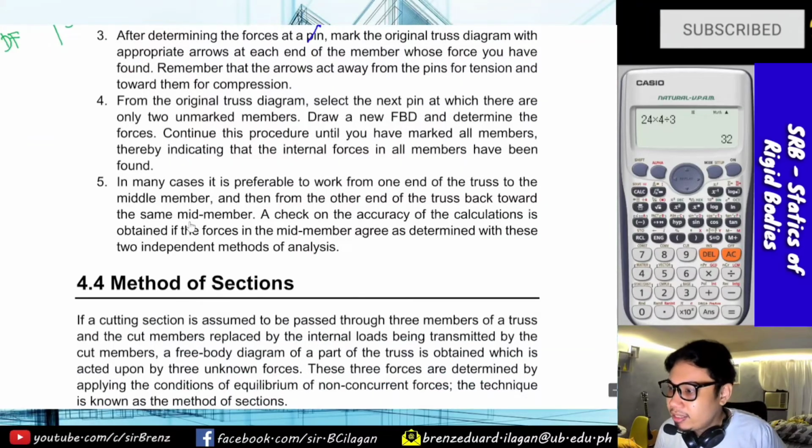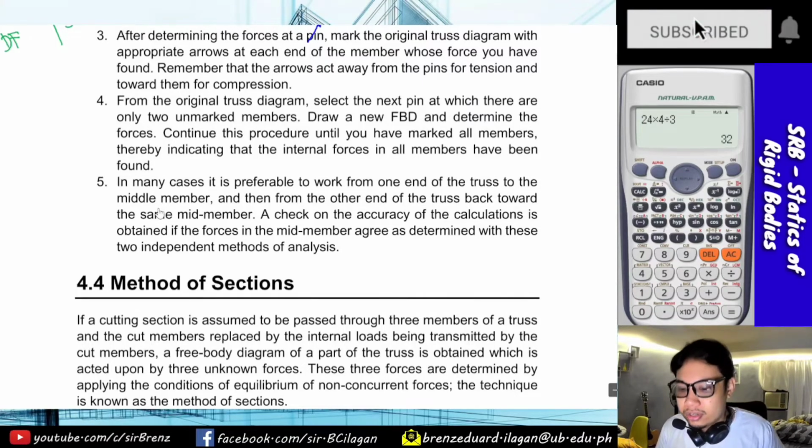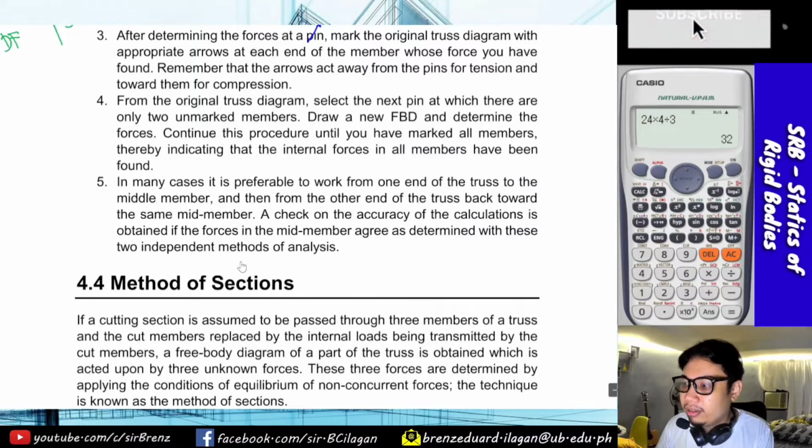So, in many cases, it is preferable to work from one end of the truss to the middle member. So, ang gawin mo daw, mula doon sa dulo, papunta doon sa gitna. Okay? So, a check on the accuracy of the calculation is obtained if the forces in the mid-member agree as determined with these 2 independent methods of analysis.